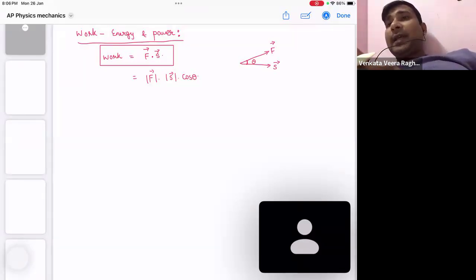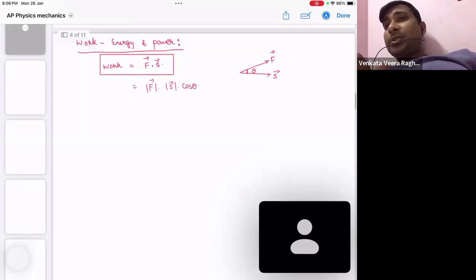This is the work done calculation if force is constant. If force is constant and we want to calculate the work done by a constant force, we should just take the dot product of the force vector and displacement vector.